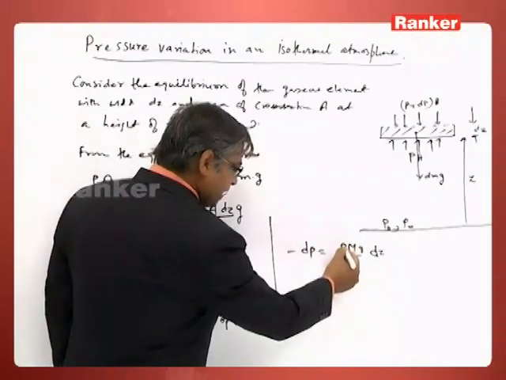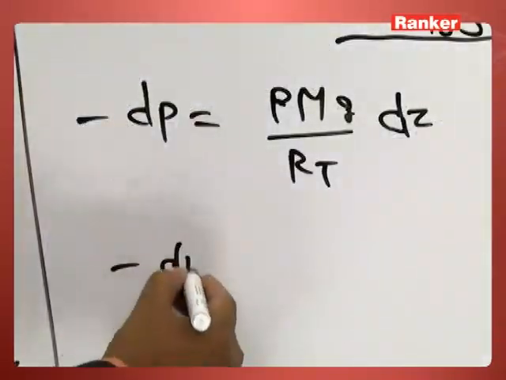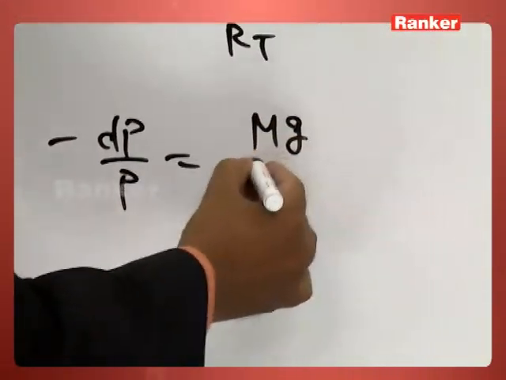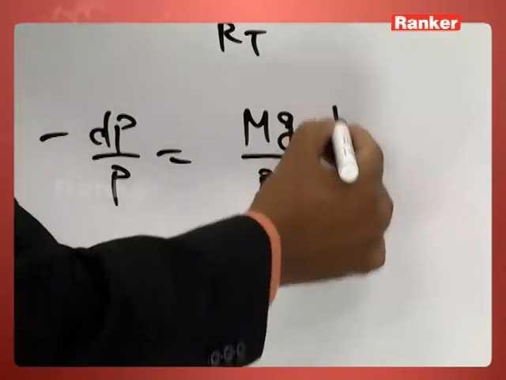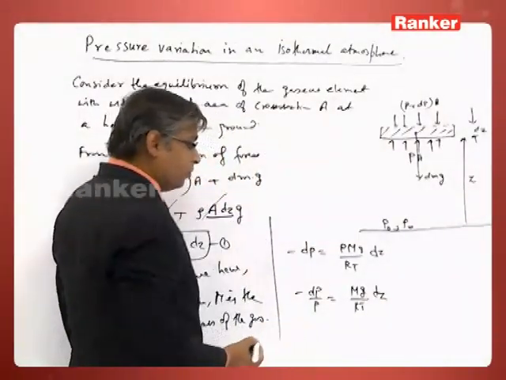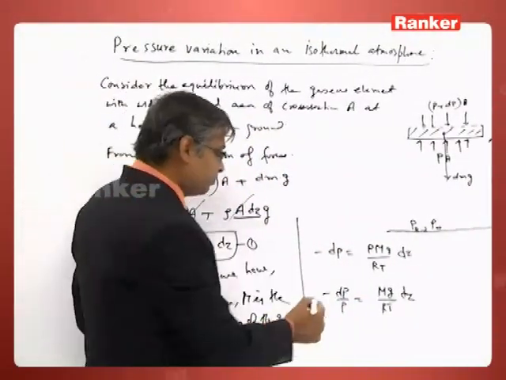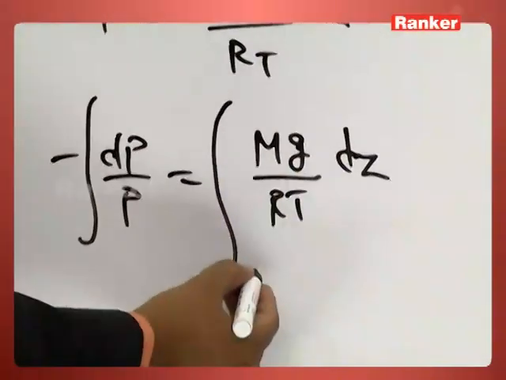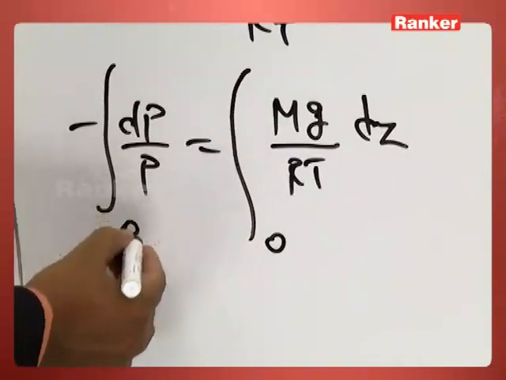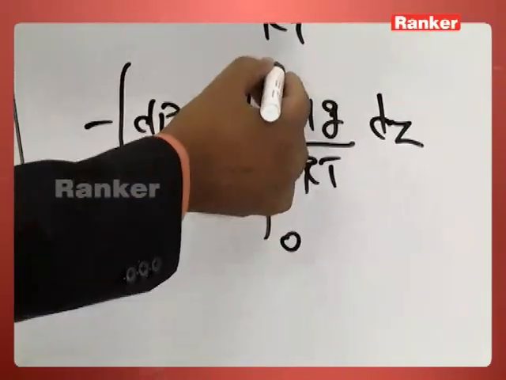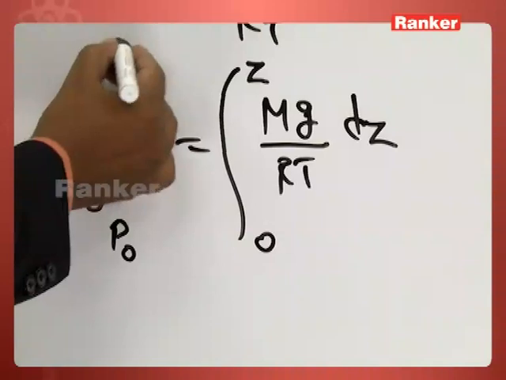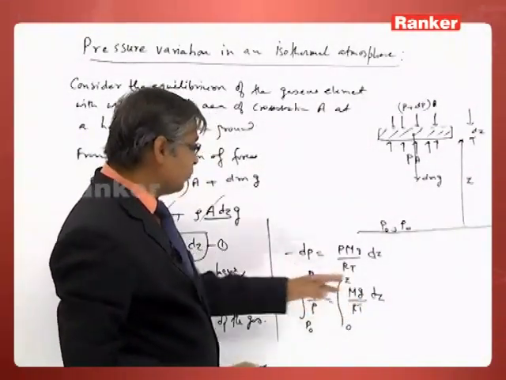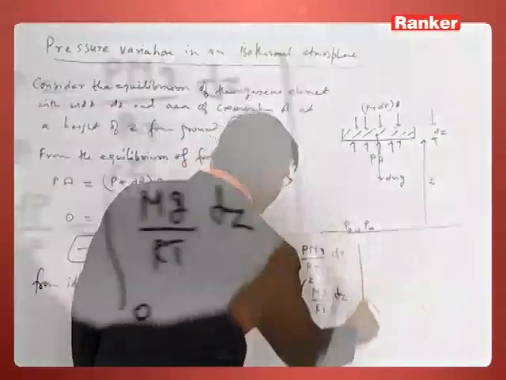Now you see we have to bring this P this side, so minus dP by P is equal to Mg by RT dz, and now we will integrate both sides. When z is 0 then the pressure is P naught on the surface of earth, when z is z the pressure is P. So thus by integrating we will get P as a function of z. Let us see.